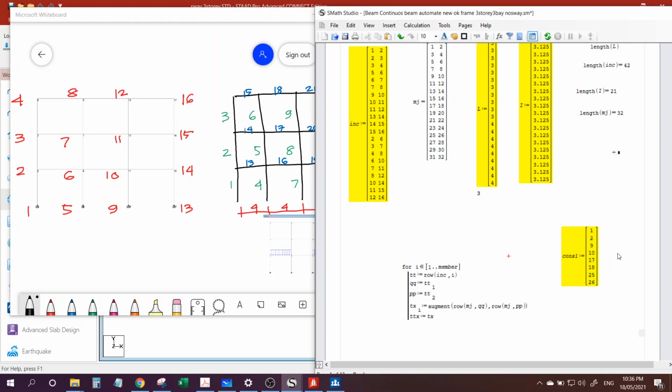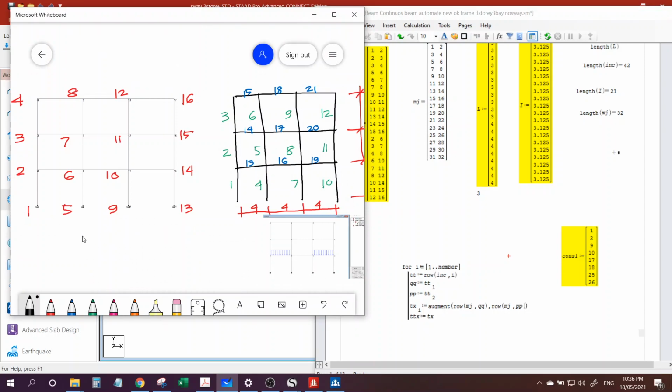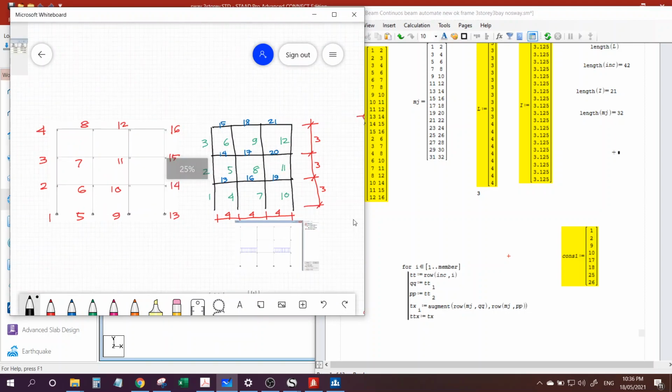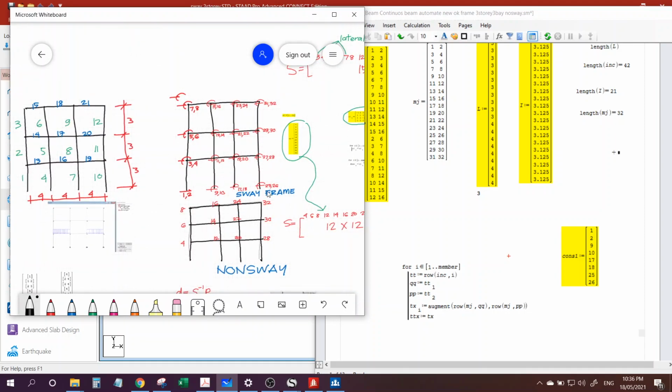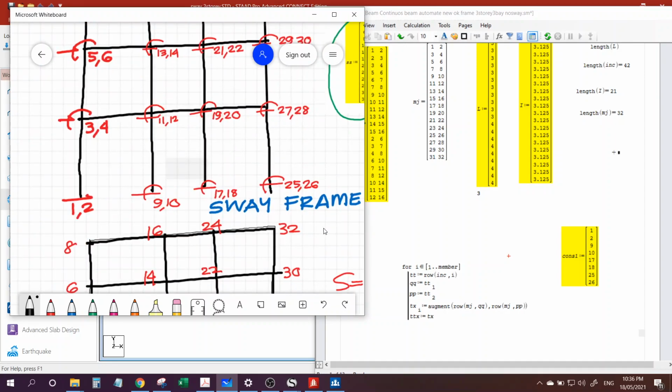My constrained nodes are 1, 2, then 9, 10, then 17, 18, and 25, 26. So constraint 1, 2 means there's no displacement there, zero displacement.